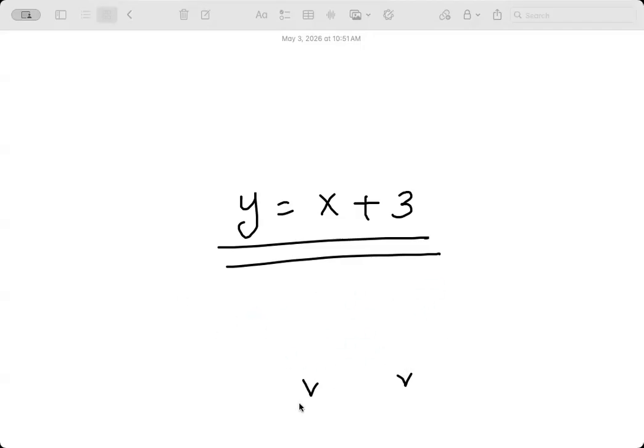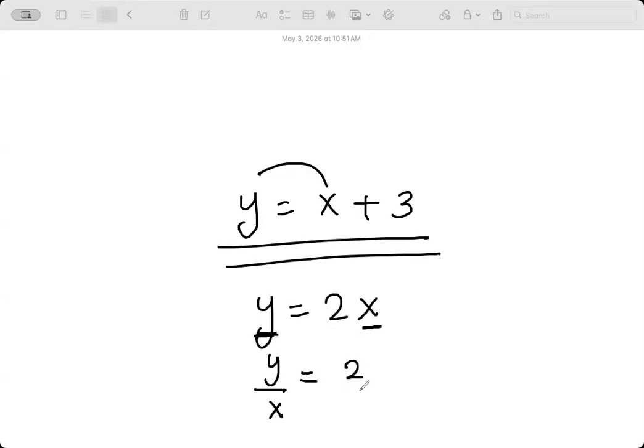But when it comes to relationship, a relationship is always between two quantities. How about this? See here, when you increase x, y will increase. How they are related is, when you divide by x on both sides, y by x will be equal to 2 by 1.